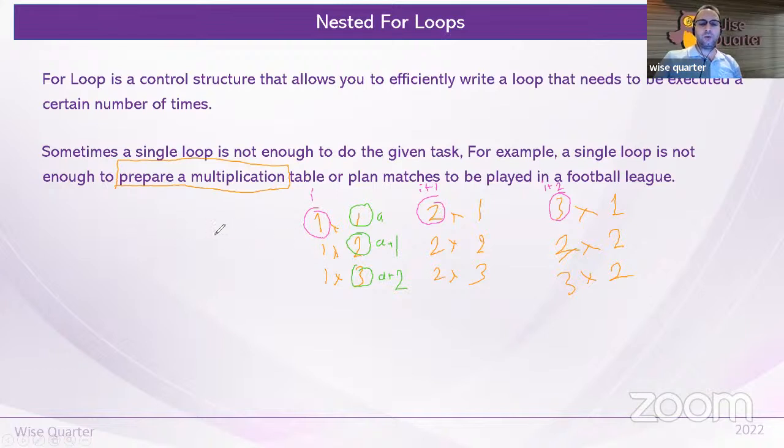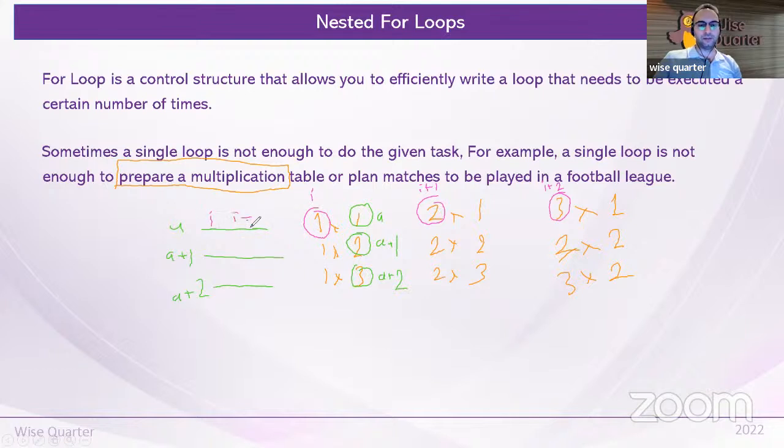Outer loop will be for the lines. Inner loop, for example, A plus 1, A plus 2, 1, 2, 3, and the inner loop will be about the inner side. Let's change the color. I will use pink.